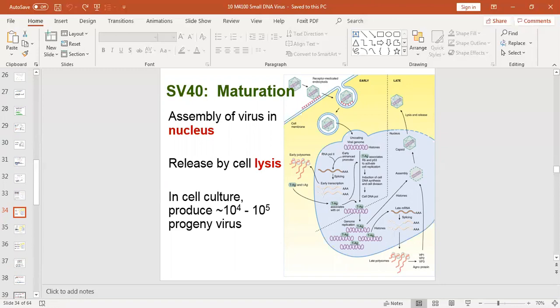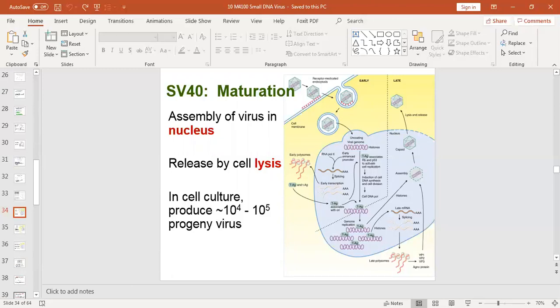Virus comes in through receptor-mediated endocytosis. The vesicle will transport it to the nuclear membrane and fuse to the nuclear membrane. The viral uncoding and release of genome occurs in the nucleus, where we have early enhancers and early proteins that code for early genes. These early genes are large T antigen and small T antigen.